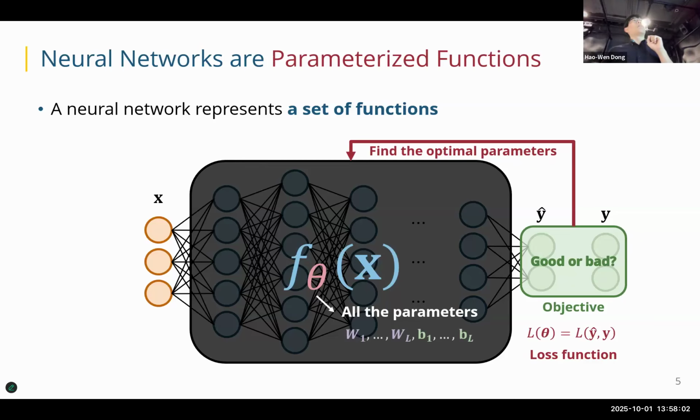By definition, that's the loss function we were talking about. The loss function, or sometimes called the objective function, defines how good your output is. You would use this loss function to guide how you find the optimal weights and biases.